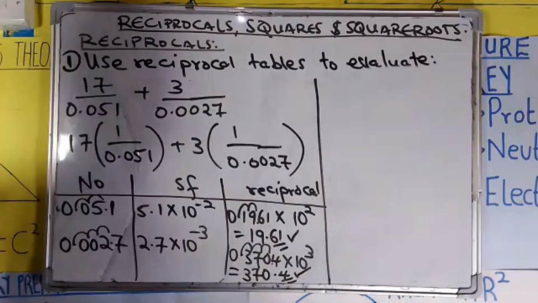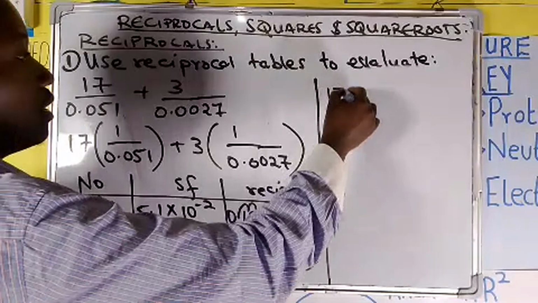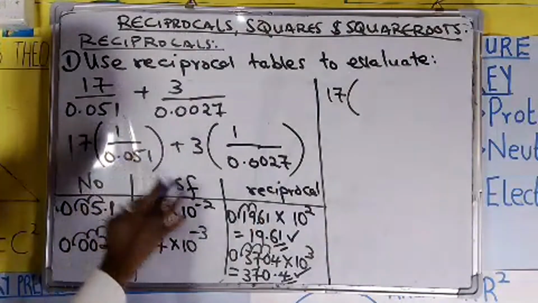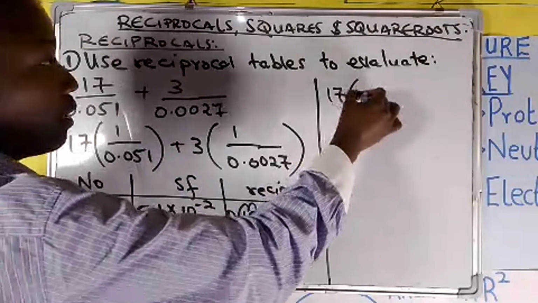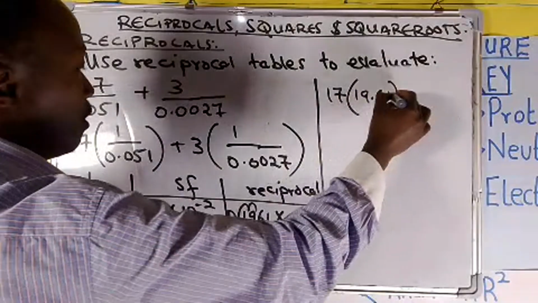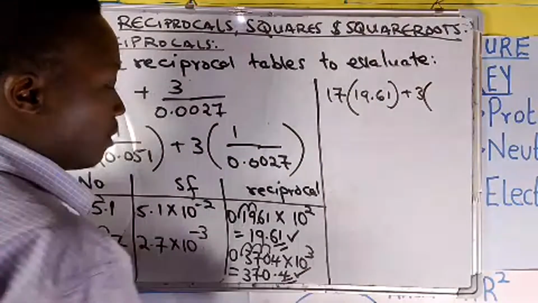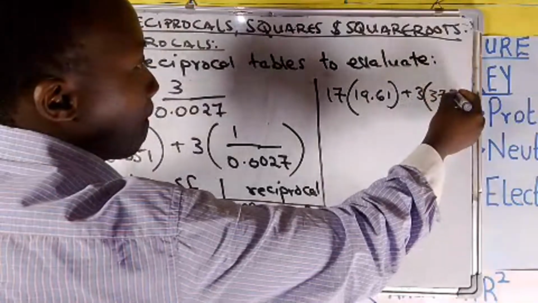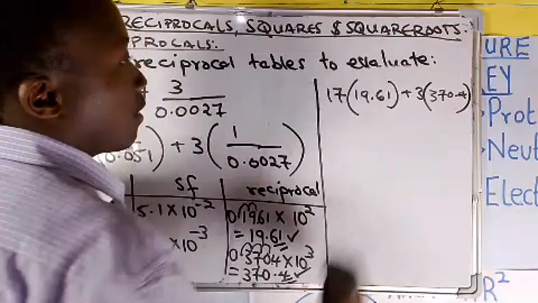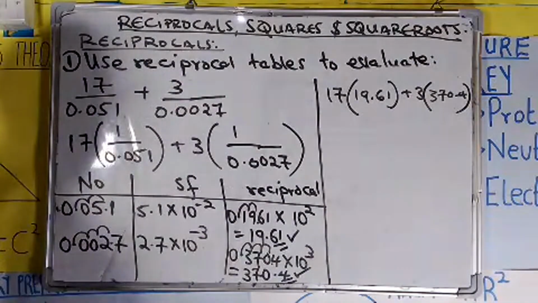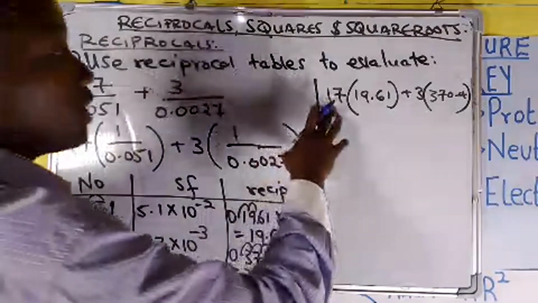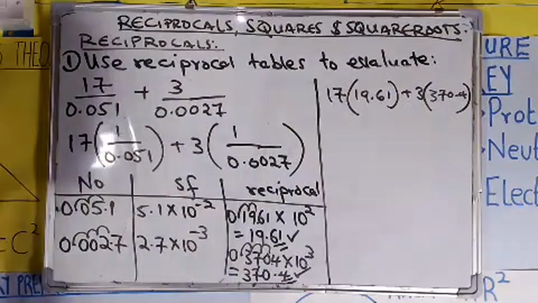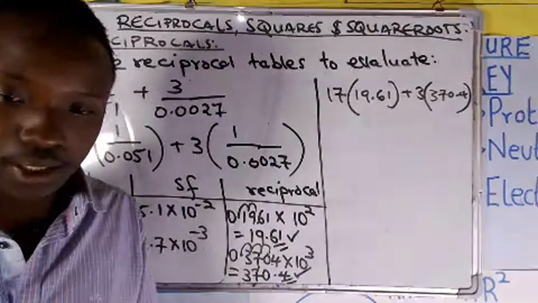Once we do that, we have 17 into brackets, the reciprocal of 0.051, which is 19.61, plus 3 into brackets 370.4. So if you can multiply, what is 17 times 19.61?